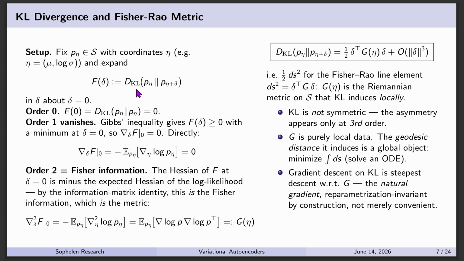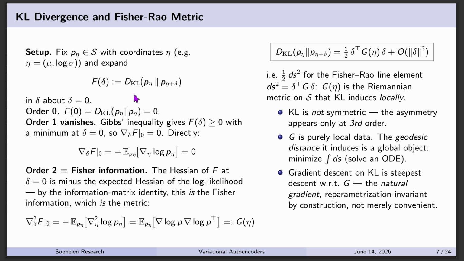Now, we're going to fix a distribution, and we want to see what happens to the function as we move away from that at a small increment. So it turns out that the KL divergence is zero exactly when the distributions are the same. And that makes sense, right? We're going to define KL divergence as a way to measure the difference between distributions, and it equals zero exactly when they're the same.